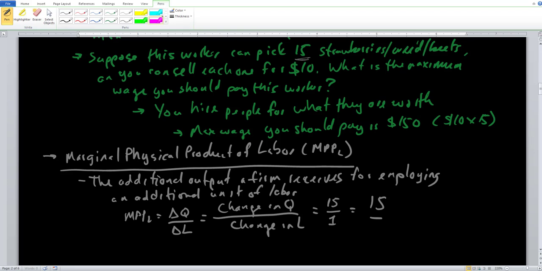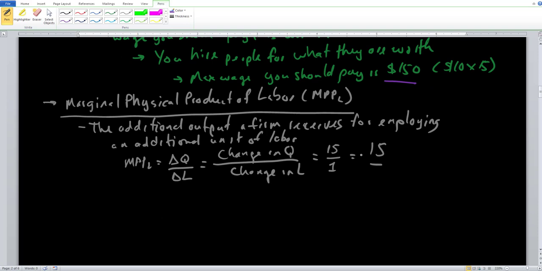However, we are also interested in seeing the dollar amount that this one worker is going to be able to bring in, and that's where this 150 comes into play. And the special name that we give to that is the marginal revenue product. So here, marginal physical product of labor is just detailing the change in Q over the change in L, while the marginal revenue product of labor, as we sort of call it, just to say that we are in the labor market.